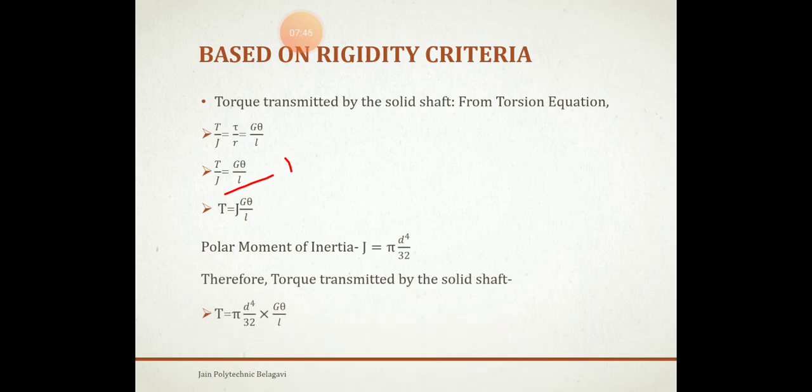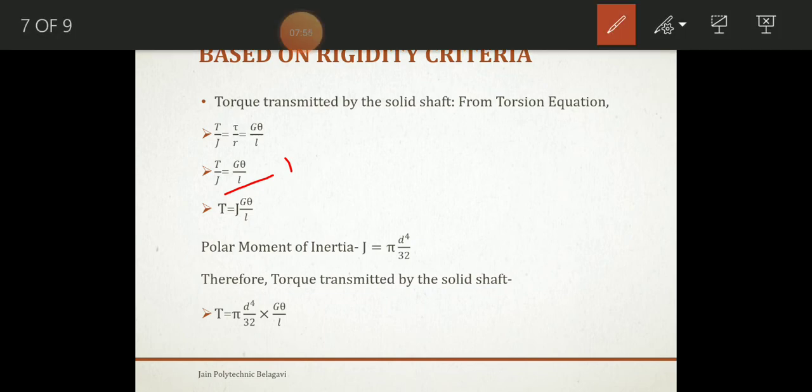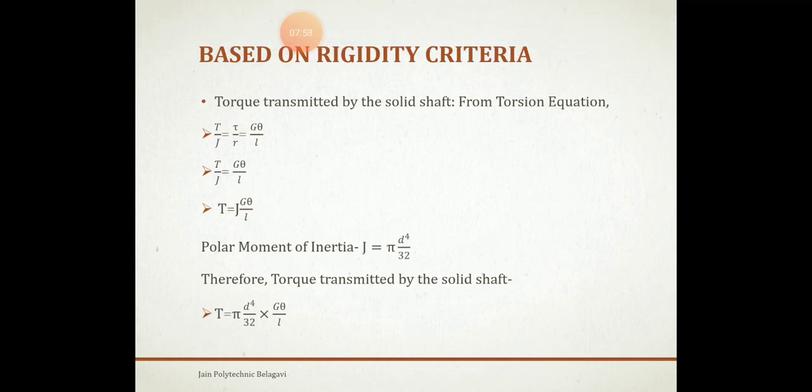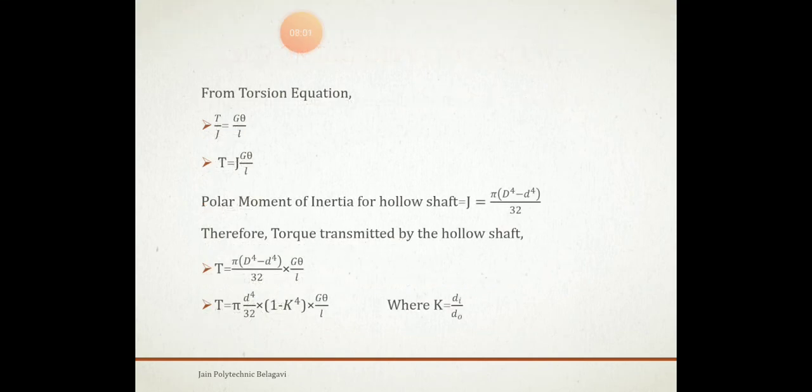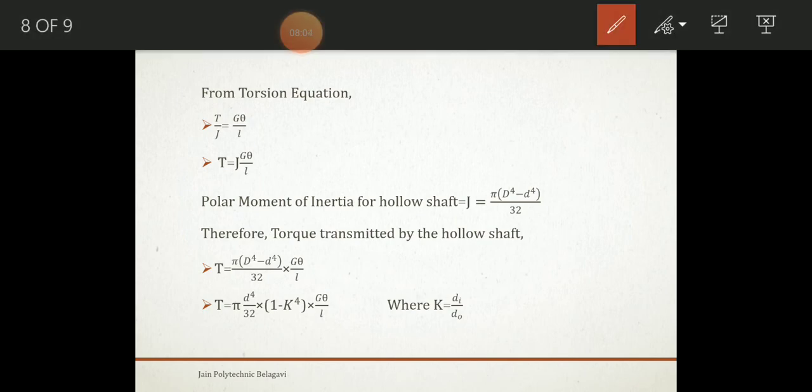Therefore, substituting the value of J in the equation, we get T equal to pi by 32 into d raised to 4 into G theta by L. Now for the hollow shaft, it is pi by 32 d raised to 4 into 1 minus k raised to 4 into G theta by L, where k is nothing but di by do, and this d that I have written here is the outside diameter of the shaft. Don't get confused, it's the outside diameter.